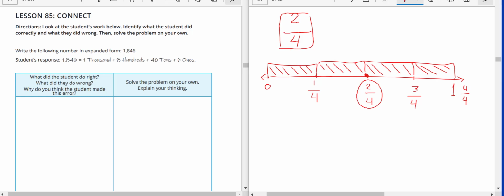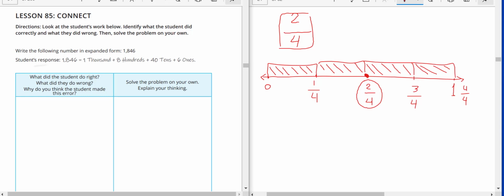Open your book, page 86. Look at the student work. Identify what the student did correctly and what they did wrong. Then solve the problem on your own. Write the following number in expanded form: 1846.